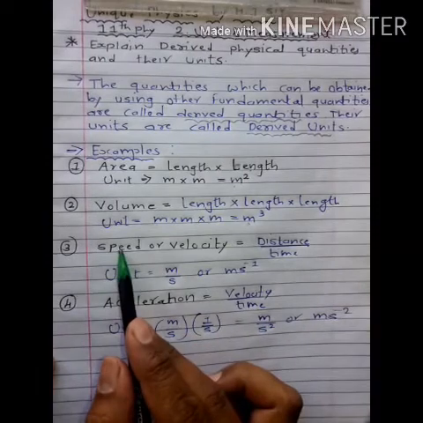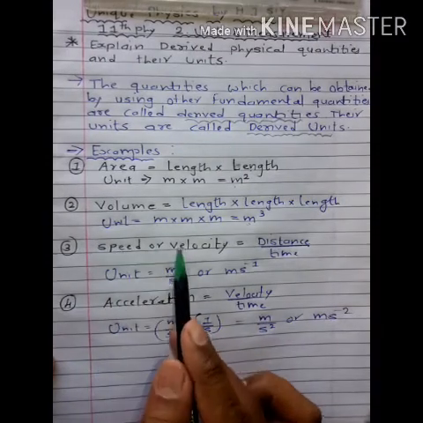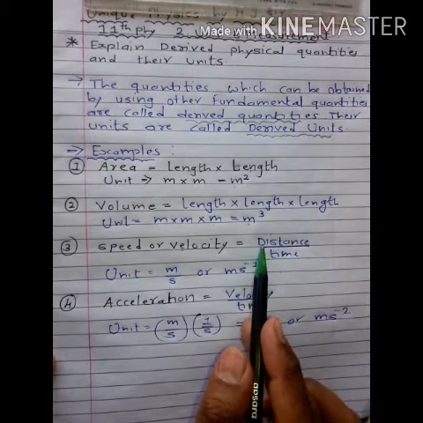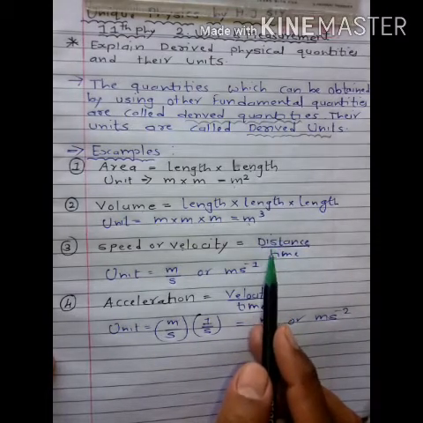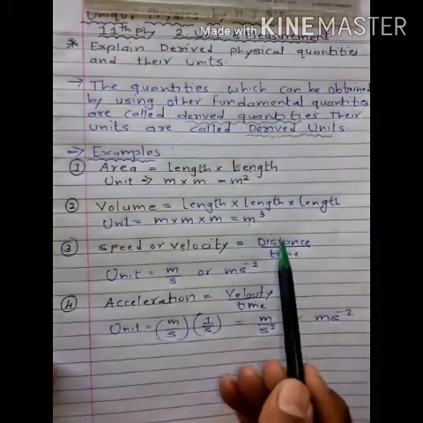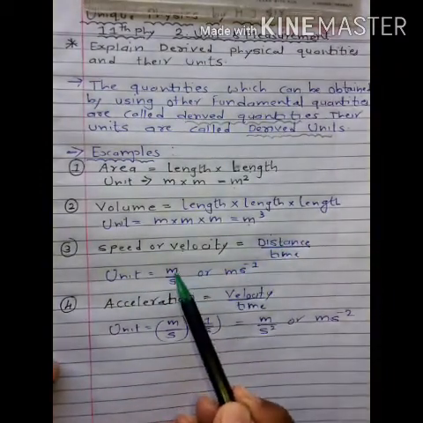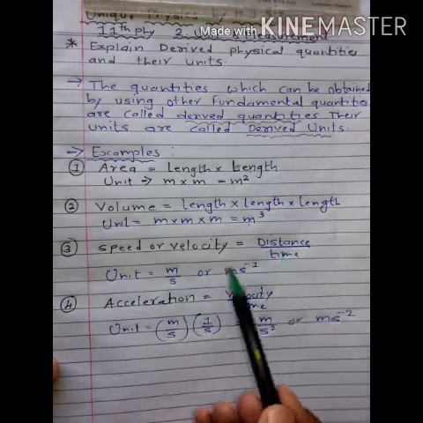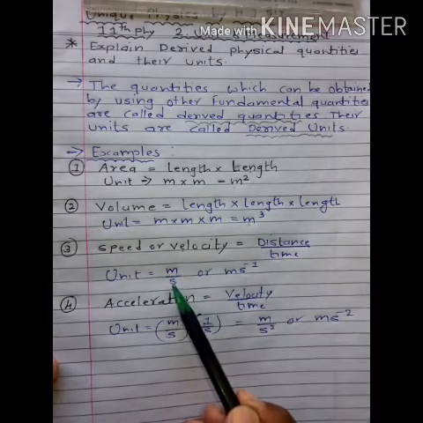Another example, number 3, speed or velocity. We have a simple equation of speed or velocity. It is distance upon time. Distance means one type of length. So the unit of distance is meter. Upon time, the unit of time is second.